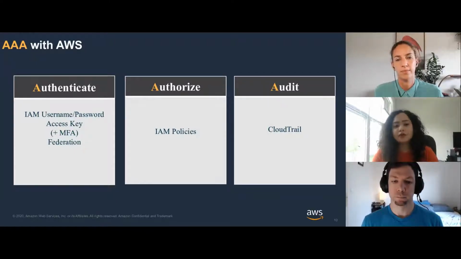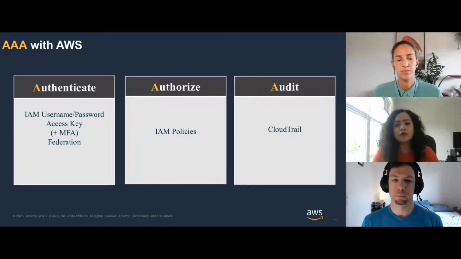With authorize, we have IAM policies. There are different users which need certain access to perform certain activities. So utilizing IAM policies, you can authorize your users and groups to perform certain actions on AWS services and your solution components.